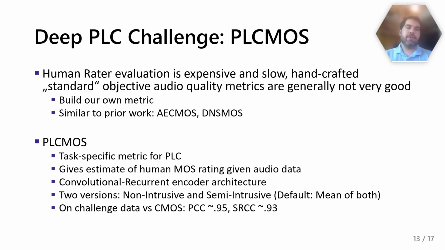It's trained to produce an estimate of human mean opinion ratings given audio data, uses a convolutional recurrent encoder architecture, and there are two versions, non-intrusive and semi-intrusive. On the challenge data, PLC-MOS actually had a Pearson correlation of 0.95 with the human ratings, and a Spearman rank correlation of 0.93, so not bad at all. And obviously, we hope to improve it with data from this challenge.